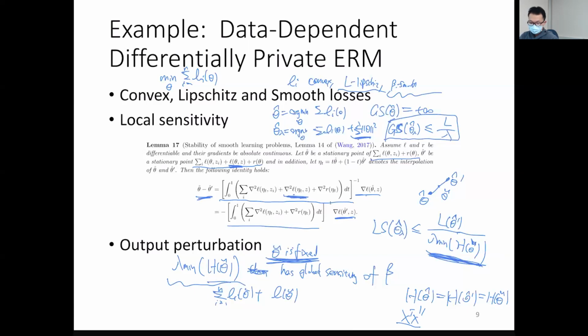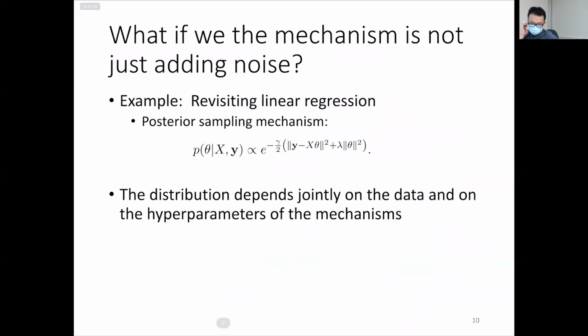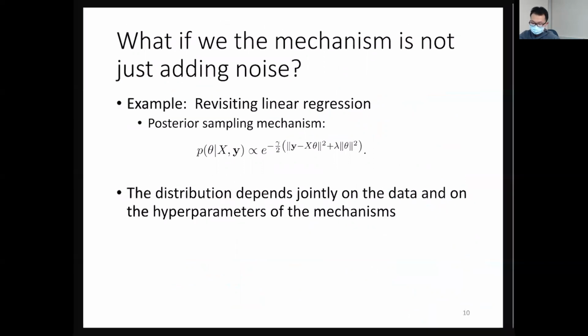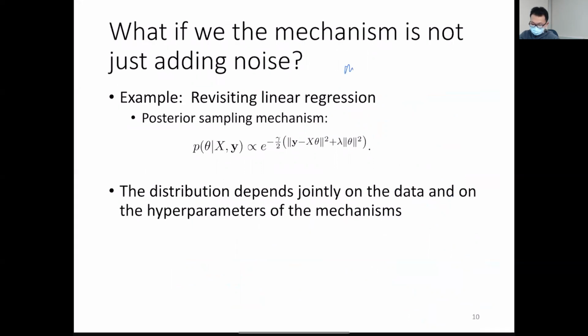Okay, now I wanted to generalize this argument and this approach a little bit based on this example. So let's consider the more specific problem of differentially private linear regression. The goal is to approximately and differentially privately find theta that minimizes this ordinary least square objective.